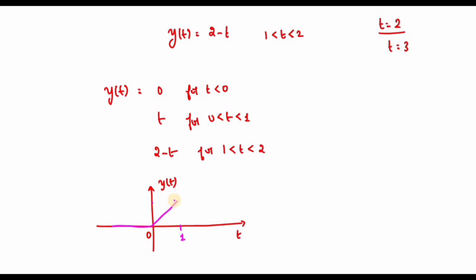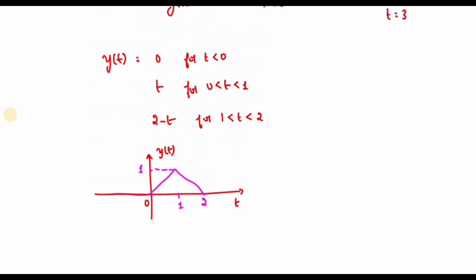Okay. So this is 1. So if I substitute t is equal to 1, y of t is also 1. So 2 minus t, how to draw 2 minus t? So if I substitute t is equal to 2, it becomes 0. So you see my signal will look like this. This is my y of t. Okay.